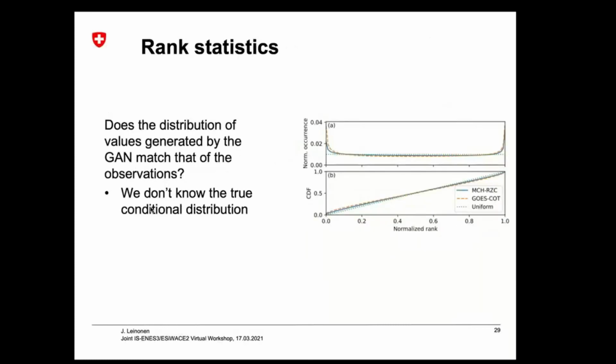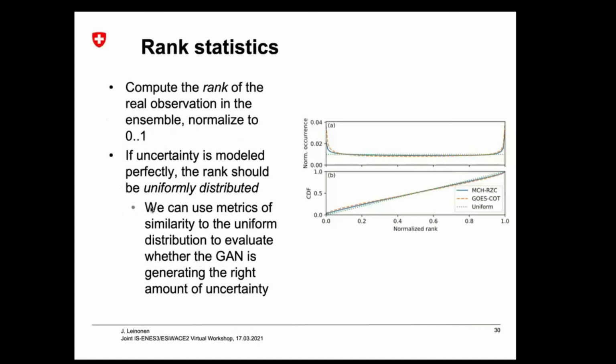And then we also borrowed another trick from ensemble forecasting in terms of these rank statistics. So basically we take the real value and we compute the rank of the real observation in the ensemble of predictions from the GAN.